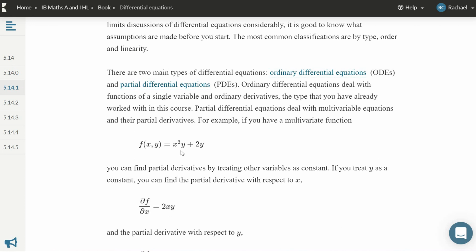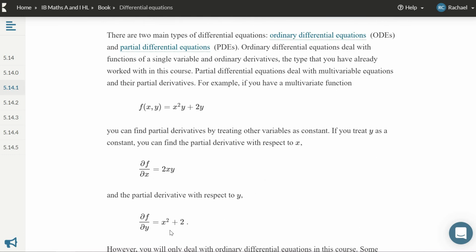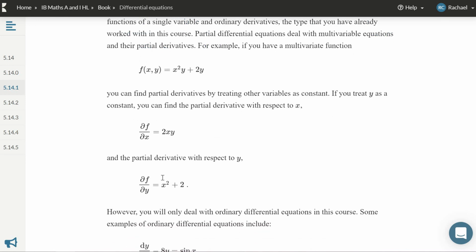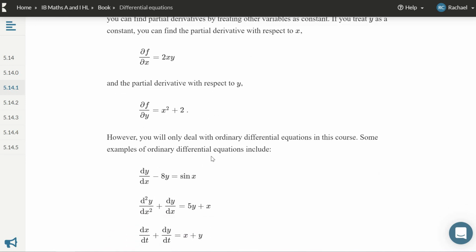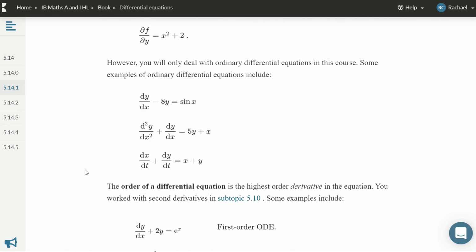So the derivative would be 2xy, because y is just a coefficient of x squared, plus a constant, which is 0. Partial with respect to y, then x becomes the constant. So here you would have just x squared, because the exponent of y is 1, so it'd be x squared plus 2. And that's the partial with respect to y. But for these examples, you're only dealing with ordinary differential equations.